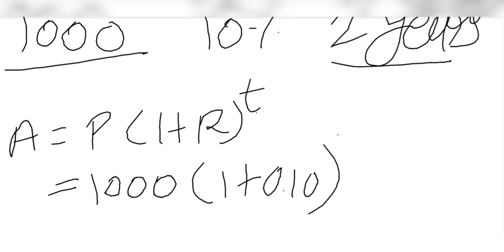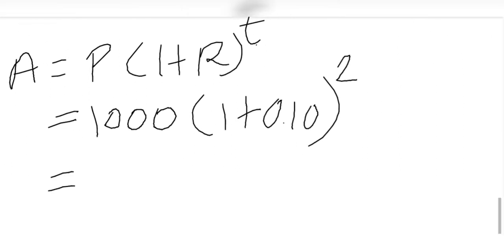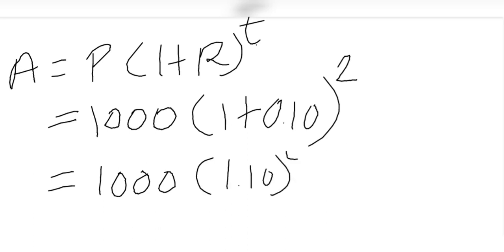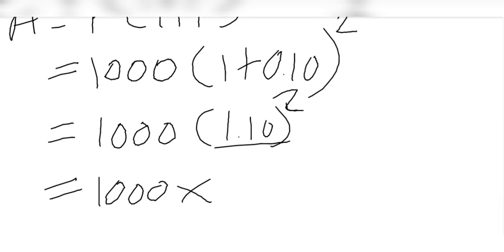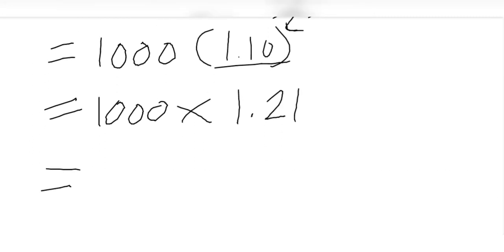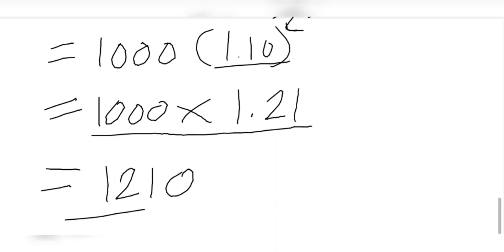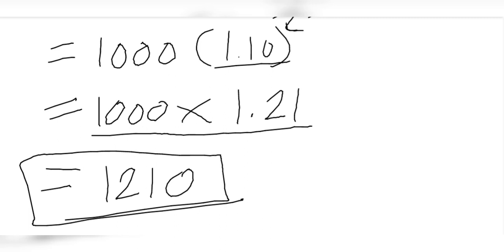T is equal to 2 years. So A is 1000 into 1.10 raised to 2, which is 1000 into 1.10 into 1.10, that is 1.21. So 1000 into 1.21 means 1210. We receive the same answer. This is for annual interest.